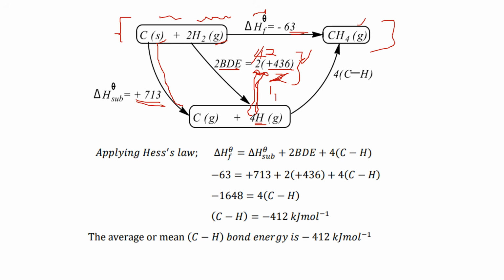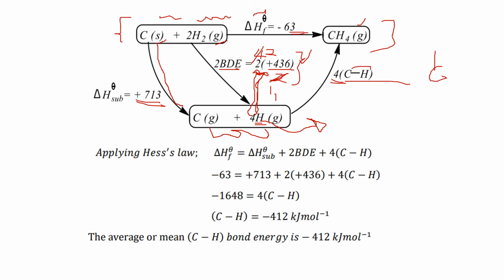Now the energy that is evolved when we form a bond between these gaseous atoms is going to be called the bond energy for carbon and hydrogen. So write it in this form. And there are going to be 4 bonds for carbon and hydrogen formed, simply because we have 4 atoms of hydrogen here.